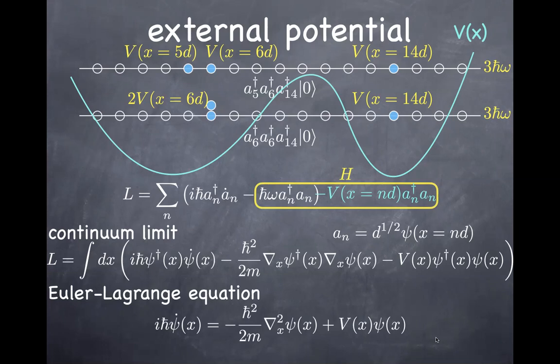This still looks like the Schrödinger equation for a single particle in a potential energy V of x. So far, we haven't come up with a counterexample yet, but we will on the next slide. But anyway, one point we learned here is that now we know how to talk about particles living inside a potential energy V of x using quantum field theory language. So that's one thing we learned on this slide.